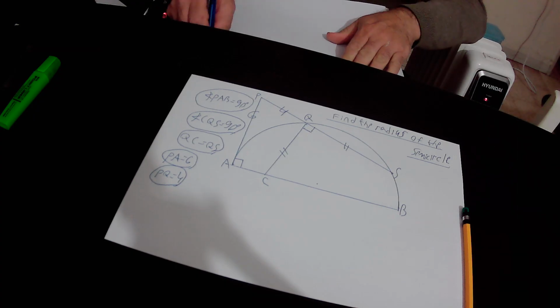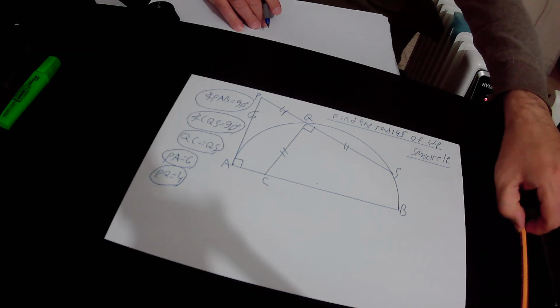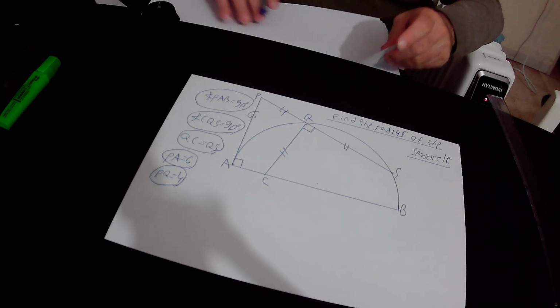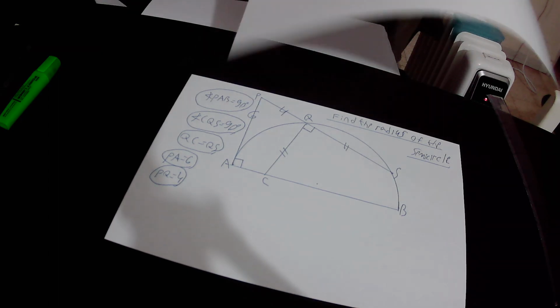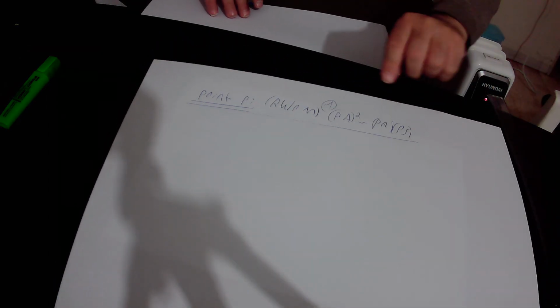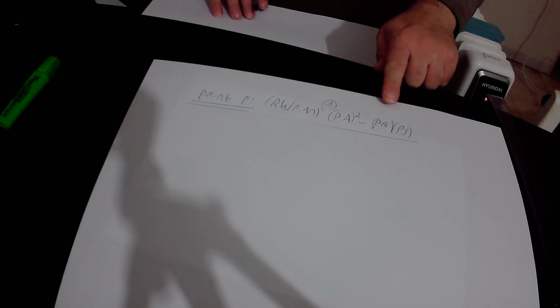Repeat again. According to rule number 10, in our drawing, PA square equals PQ times PS.